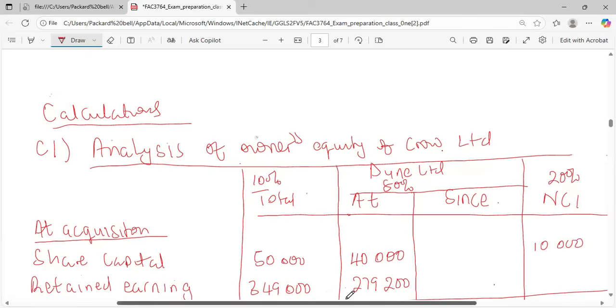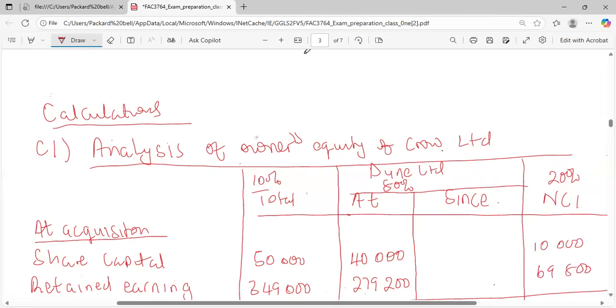Right, so this one is going to give us what belongs to NCI on the retained earning. We subtract this from here. How much are we going to have there? 69,800.